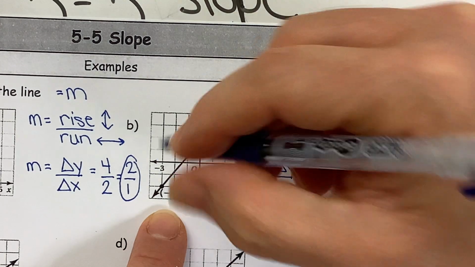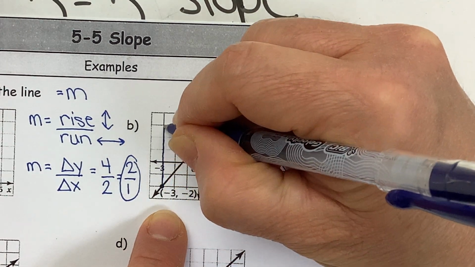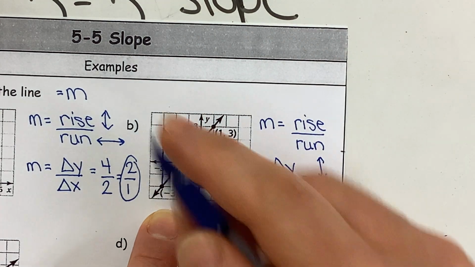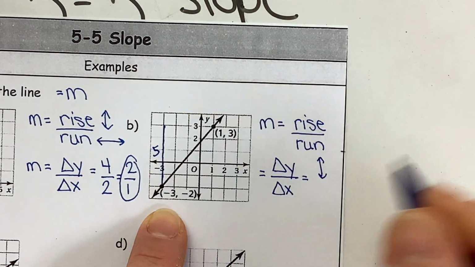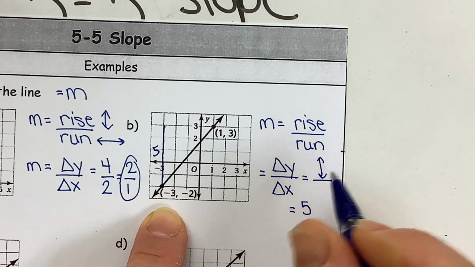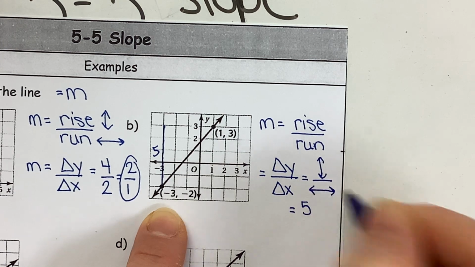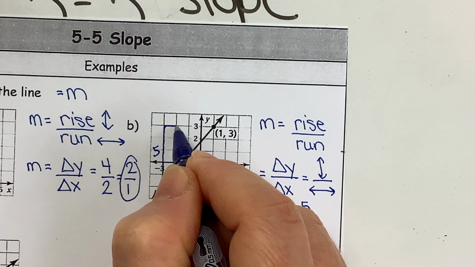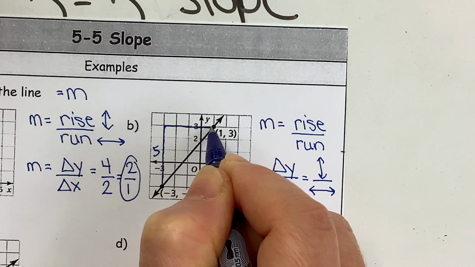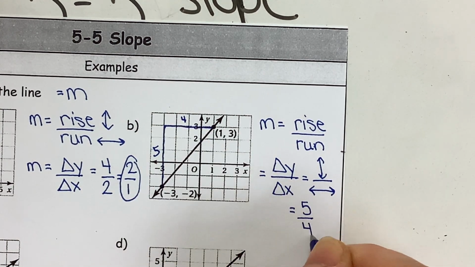Starting at this point, we're going to go up 1, 2, 3, 4, and 5. So we've risen 5. Our run, or our change in x, goes this way. So now we're going to go 1, 2, 3, and 4. And we're going to put that 5 over 4.